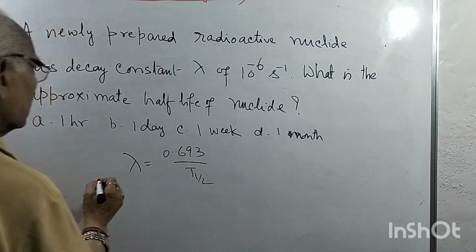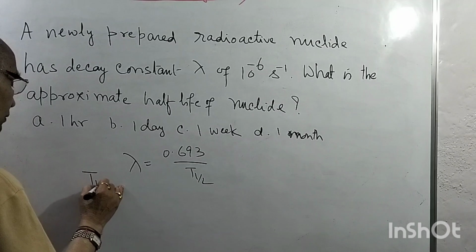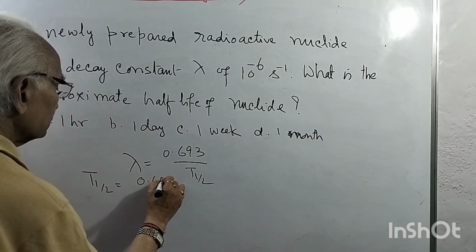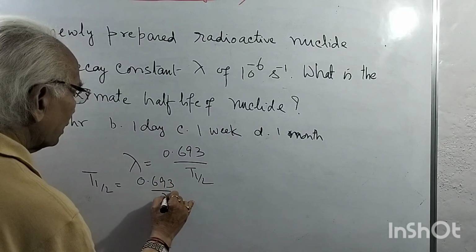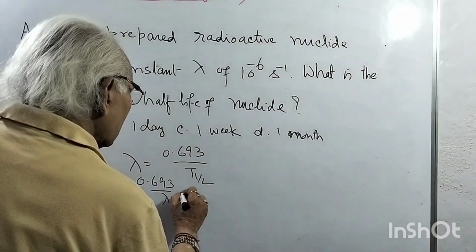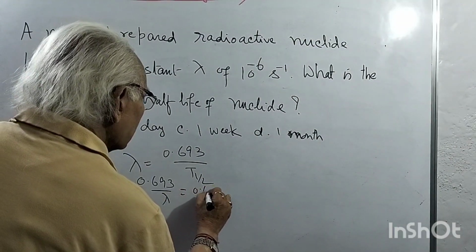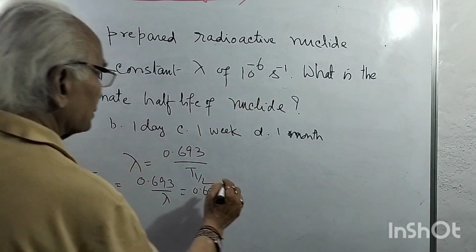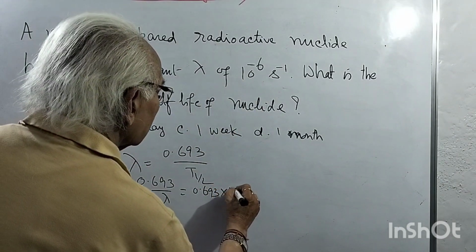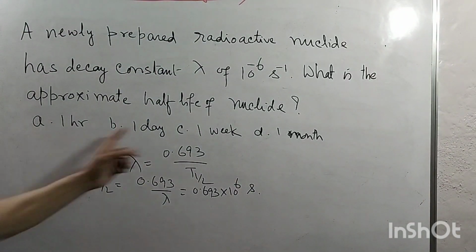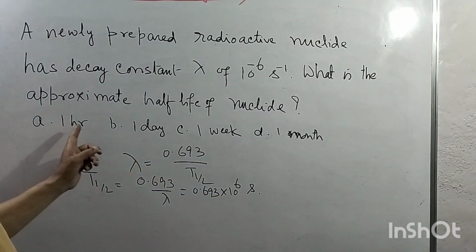So T half-life is 0.693 upon lambda. Well, that you can calculate within 1 minute. 0.693 upon lambda means 10 to the power minus 6, so about 10 to the power 6 seconds. This is the answer. You can convert into the days, hour.